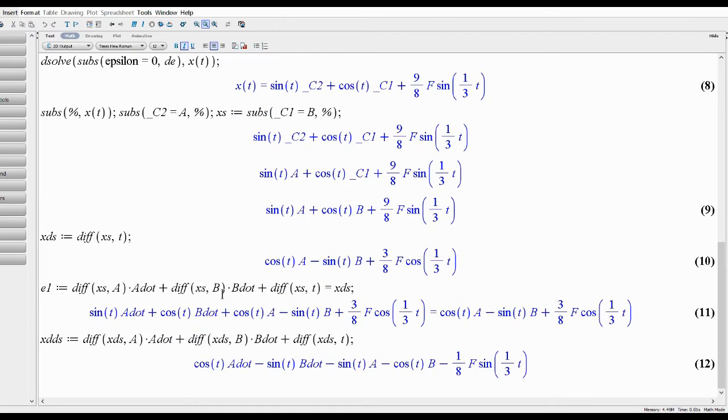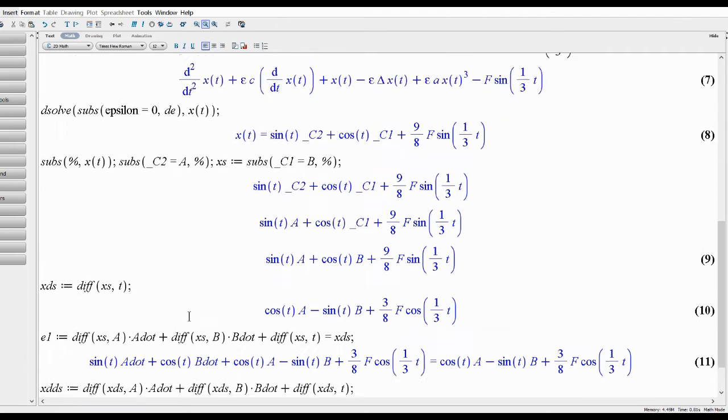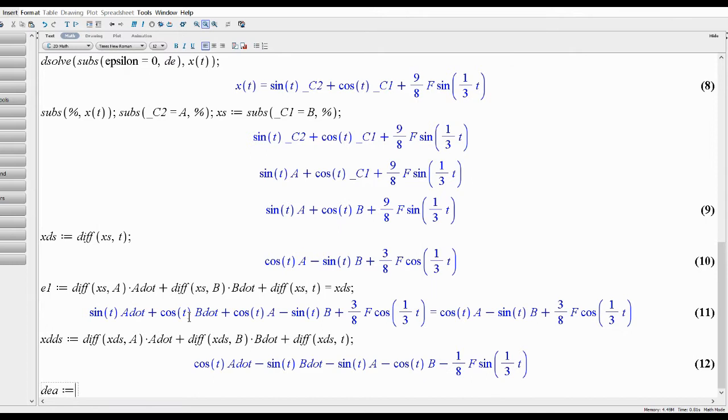Okay, so I say E1 is equal to substitute derivative of x of t with respect to t is equal to x_ds in E1.